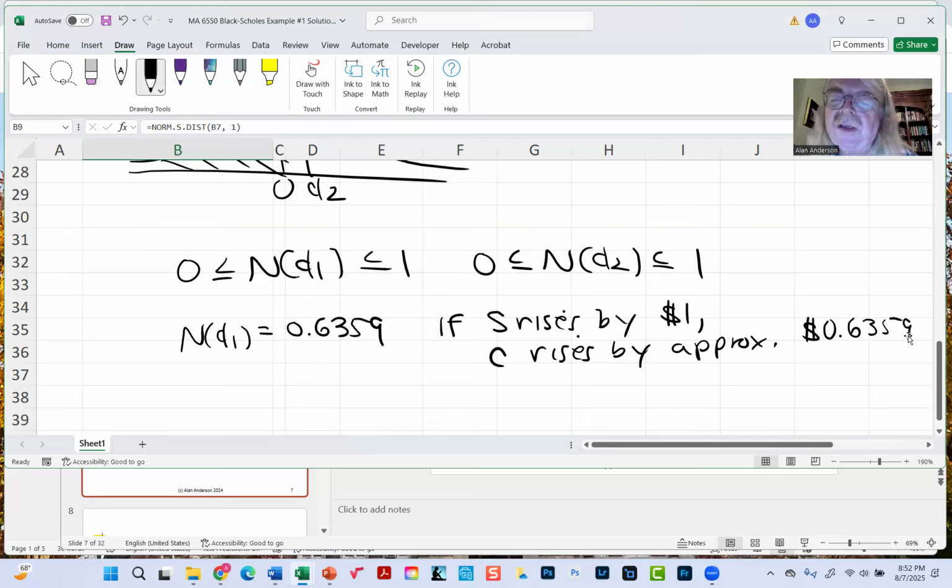And vice versa, of course, if S goes down by $1, then you'd also expect the call price to fall by approximately 0.6359, or 63.59 cents.